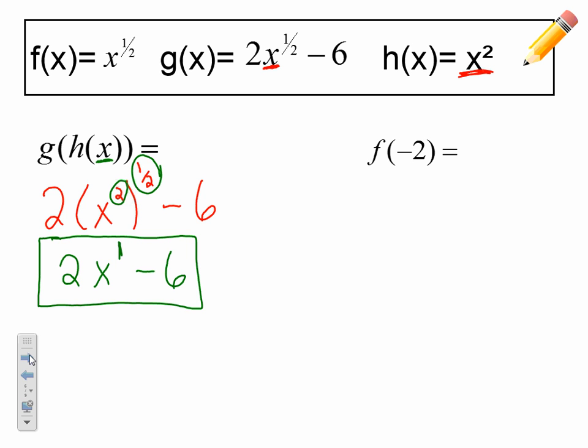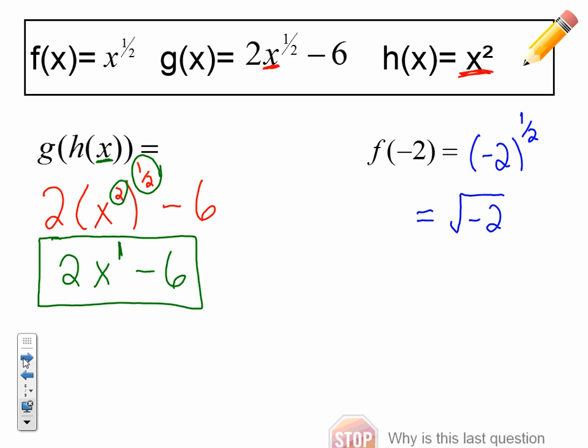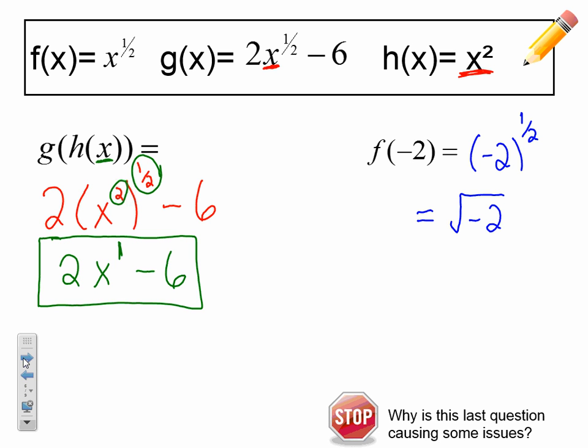Here we go, f of -2. So we're just plugging in -2 for x. So that is going to equal -2 to the 1/2. And we can rewrite this, remember, as a square root. So I have the square root of -2. But we have to stop, wait, and think about this one for a little bit. We have some problems.